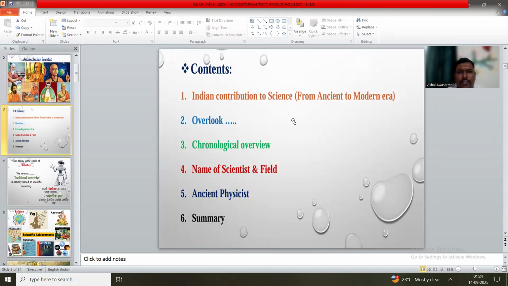In this lecture, we see some points. First of all, we see Indian contribution to science from ancient to modern era. Second one is overlook. Third one is chronological overview. Fourth one is name of scientist and field. Fifth is ancient physicist, and last one is summary.